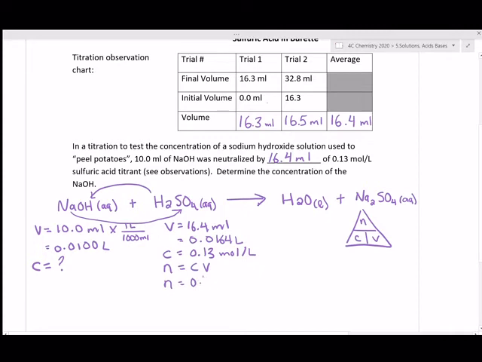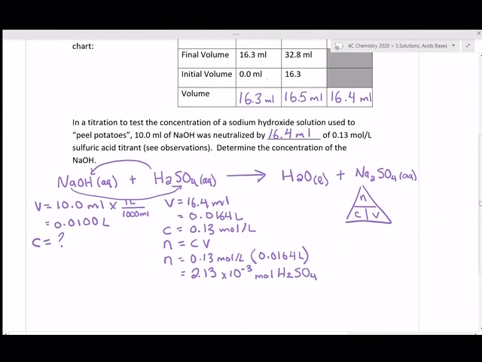So 0.13 moles per liter, I'm going to multiply that by 0.0164 liters. Getting very small numbers here. And I believe you get like 2.13 times 10 to the -3 moles, and that is of sulfuric acid.